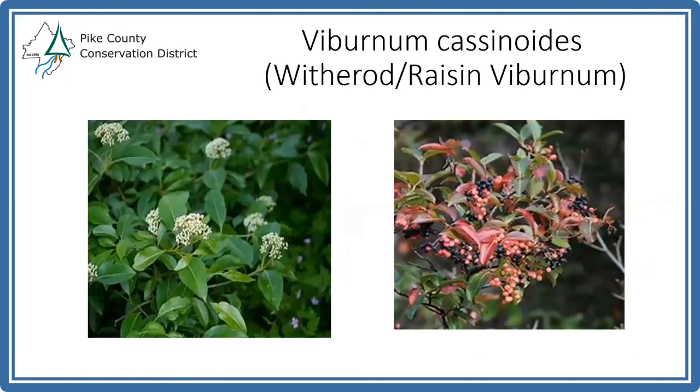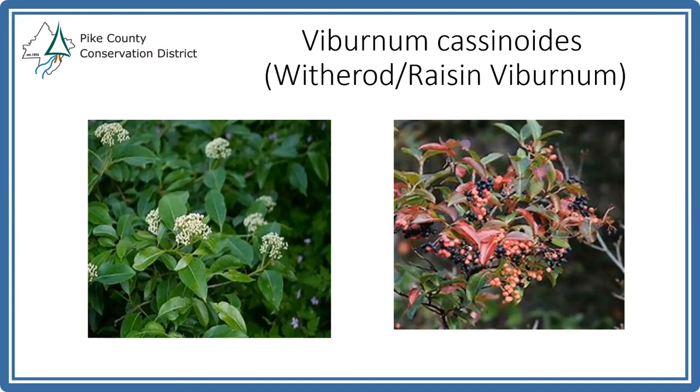Viburnums, what would our gardens be? It's like the backbone of our shrub borders, the viburnums. This one is a withered or raisin viburnum. Gets great little flowers in the spring that the pollinators are all over. Beautiful fall color, it gets like a burgundy leaf, usually by October, and then the berries go through several different color changes before they finally end up as a really dark blue.